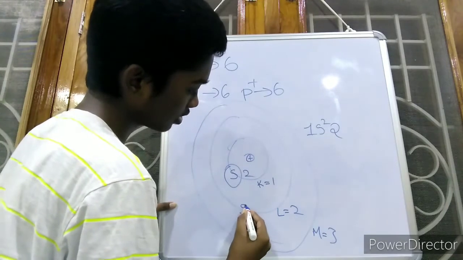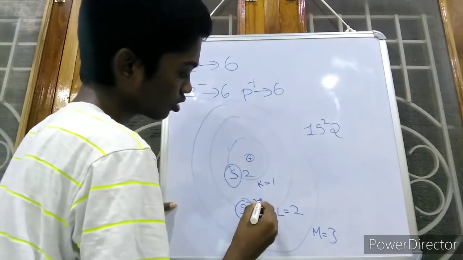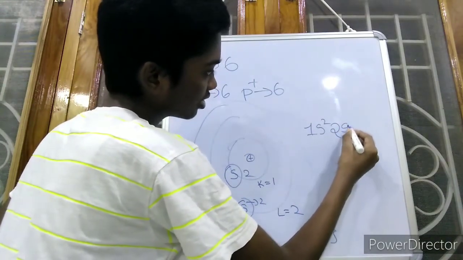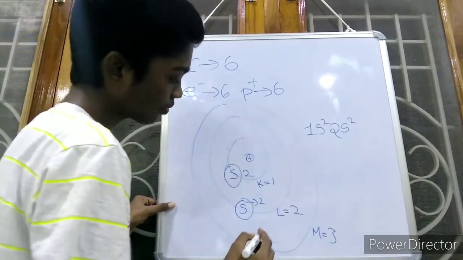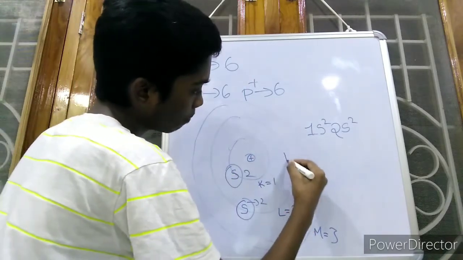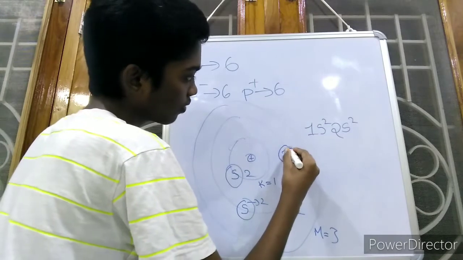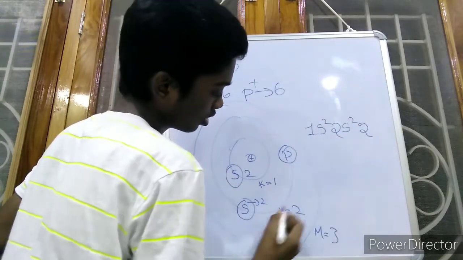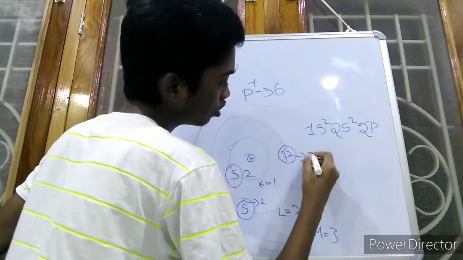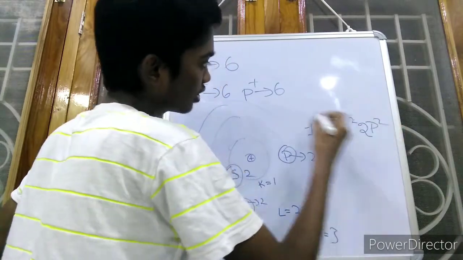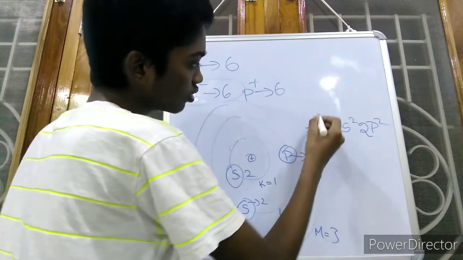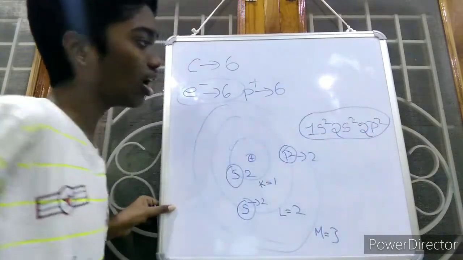Here again orbital s, and again 2 electrons are filled: 2s2. Now in this L orbit we have to take subshell p, and we fill the remaining 2 electrons: 2p2. So 2, 2, 2, total 6 electrons, and we have filled 6 electrons. So this is the electronic configuration of carbon.